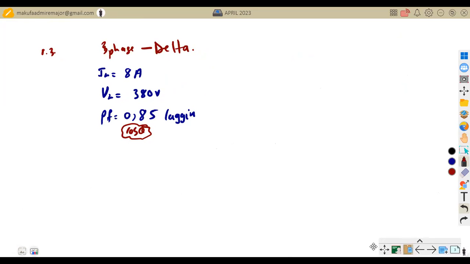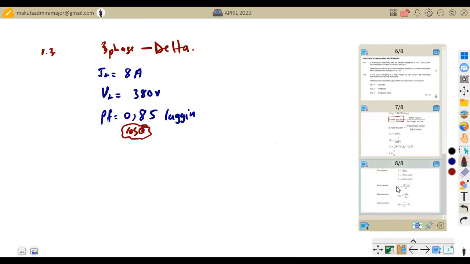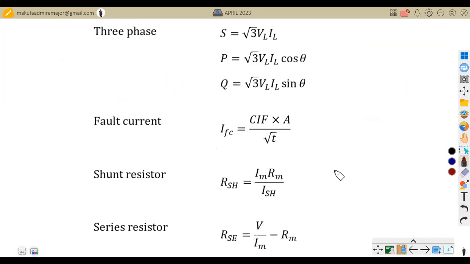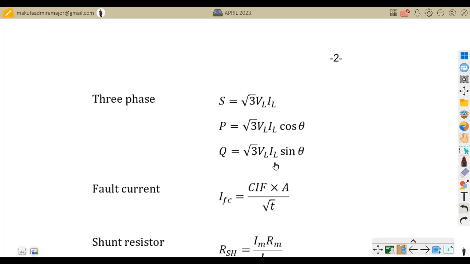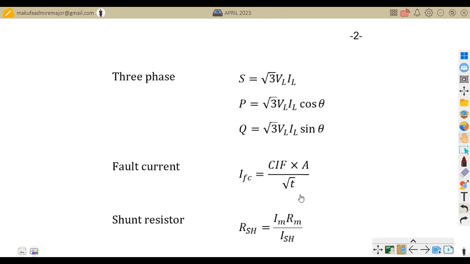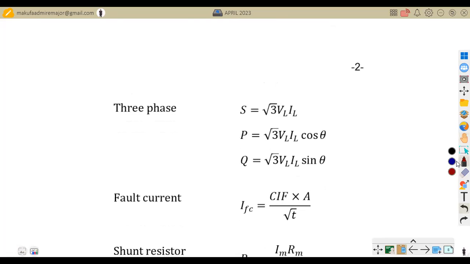Like I said, if you forget any information, visit your formula sheet so that you understand what we have under the three-phase dealing with the power: the apparent power, the true power, the reactive power.